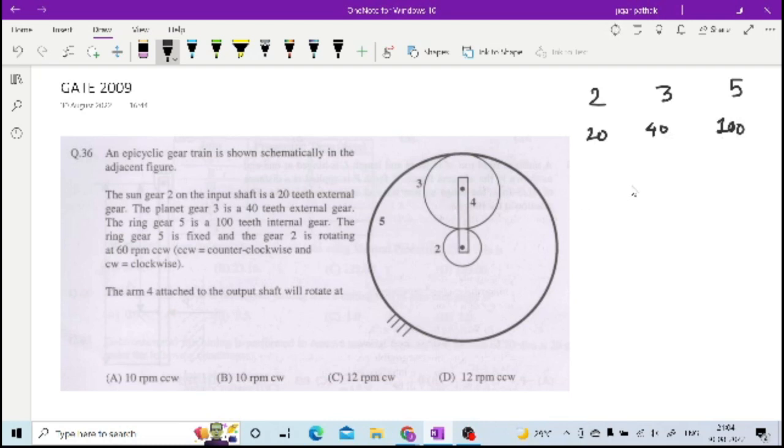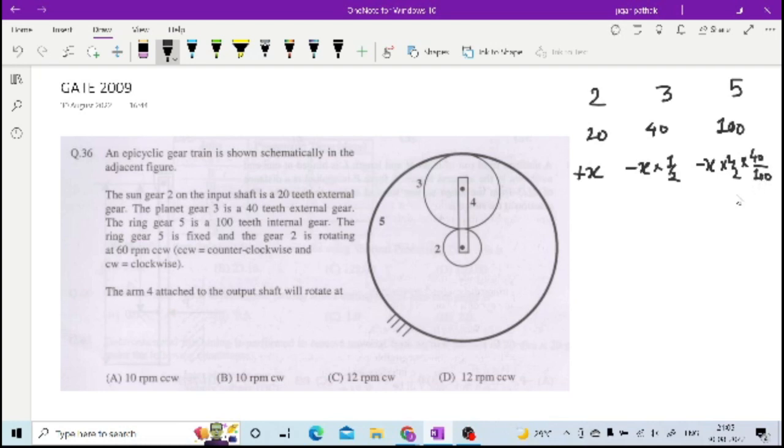So once you know this, then you can start with this plus x to this 2, then this minus x into 20 by 40, number of teeth on driver upon driven, so that is 1 by 2, right? Now here when you go from 3 to 5, the direction will not change, so the sign will be as it is, minus x into this 1 by 2 into again number of driver and number of driven, so 40 by 100, 2.5.